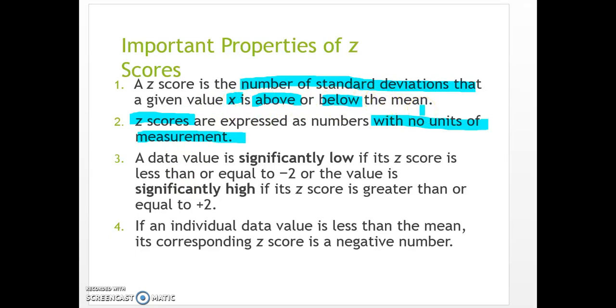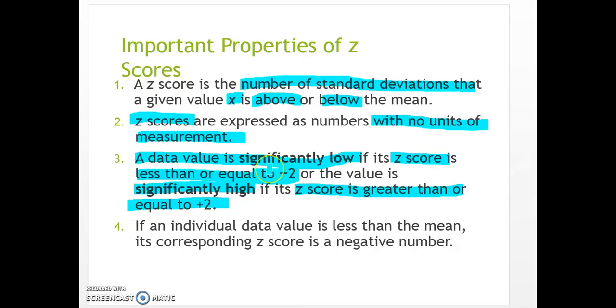Typically, the z-score can help us to identify whether a value is extremely low or high. A data value is significantly low if the z-score is less than or equal to -2, extremely small. And the data value is significantly high if the z-score is greater than or equal to +2.